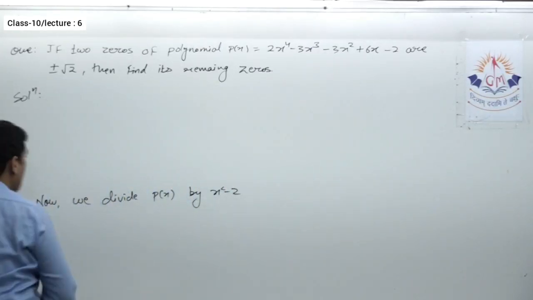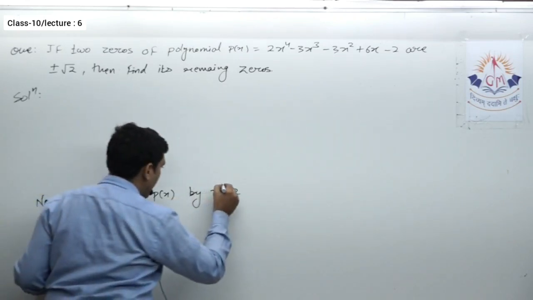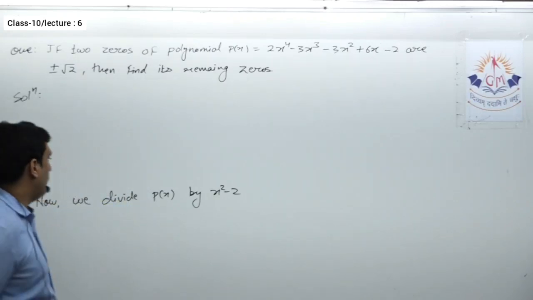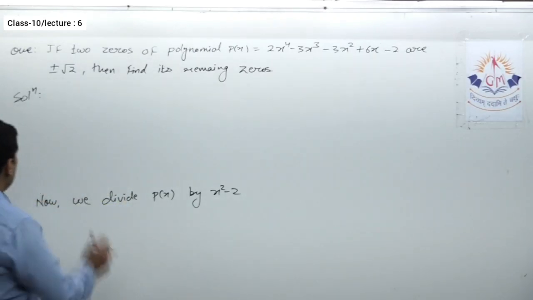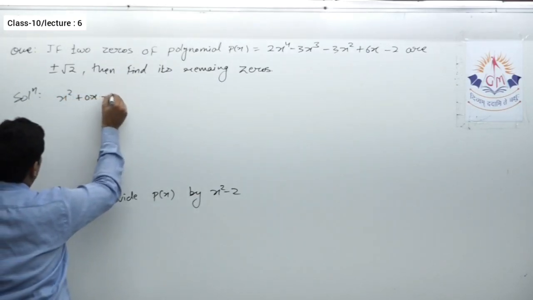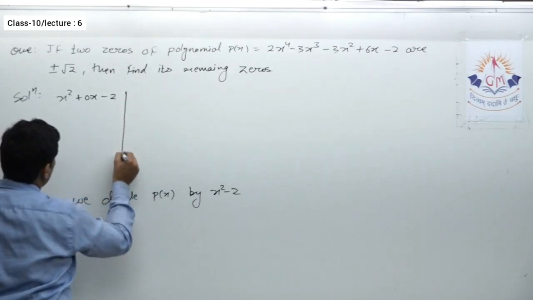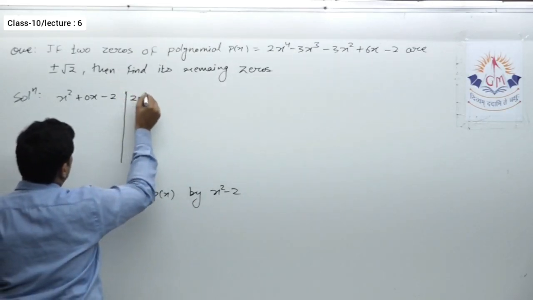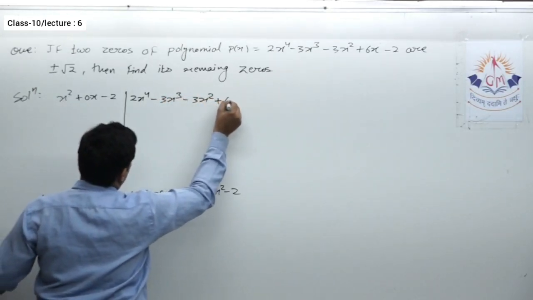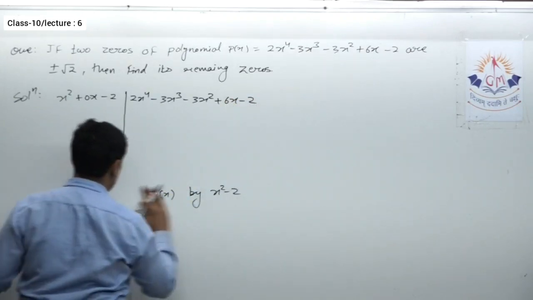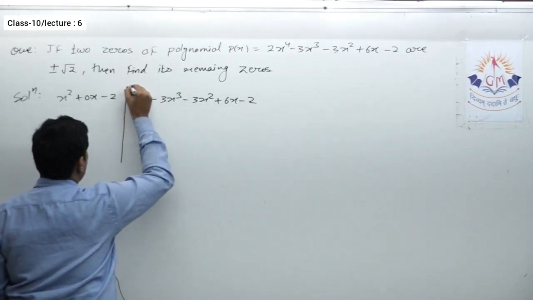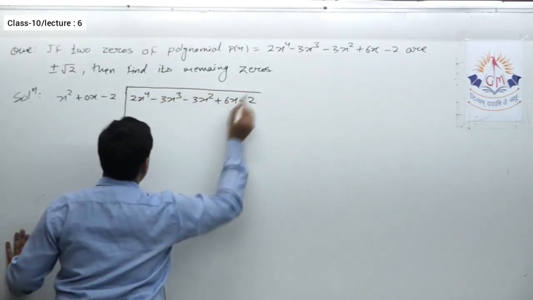Okay, so we'll divide now. As I told you, whenever we divide, we write the dividend as well as the divisor in their standard form. So here the divisor is x^2 + 0x - 2, and the dividend is already in standard form, that is 2x^4 - 3x^3 - 3x^2 + 6x - 2.